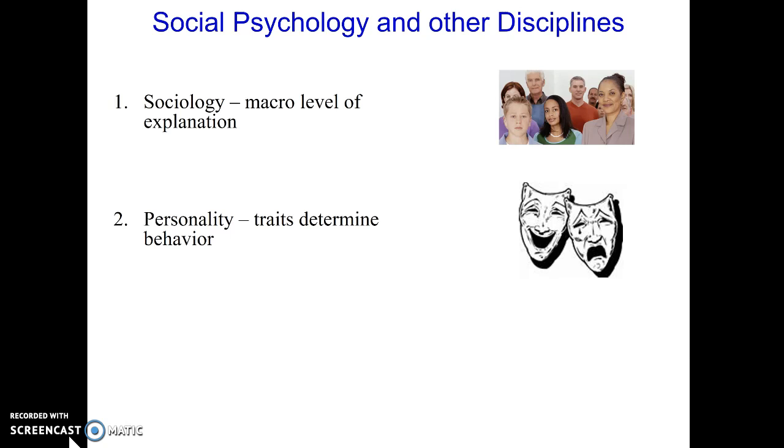Now, notice how I didn't say anything about your personal constitution or your personality. Although we know it's important, it is not what a pure social psychologist deals with. In all honesty, contemporary social psychologists, and I do consider myself that, recognize that your personality and the situation that we're putting you in likely interact together.